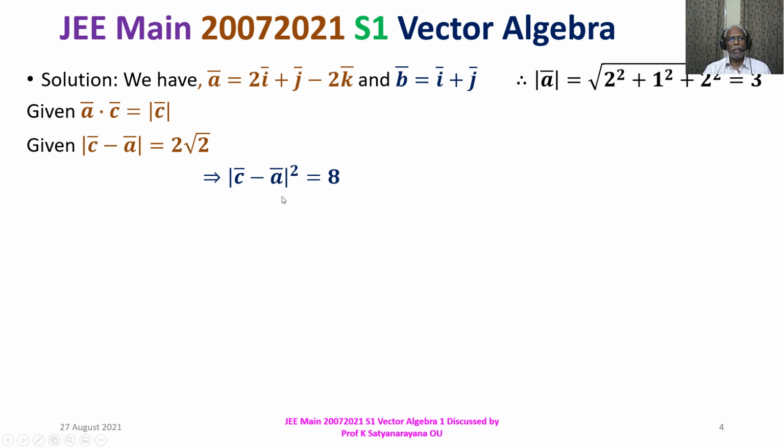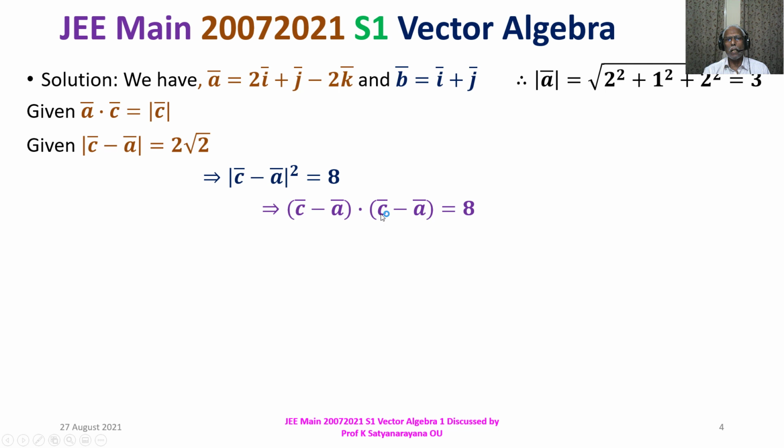And whenever a vector x is taken, mod the vector x square is equal to x dot x. That's the formula. Therefore, this will imply C bar minus A bar dot C bar minus A bar is equal to 8.